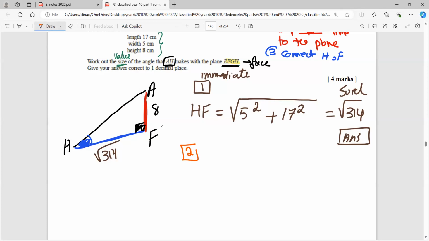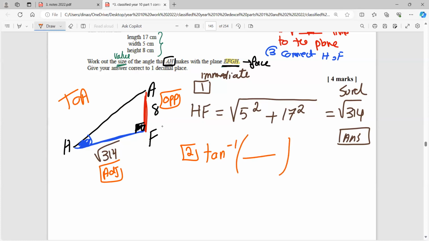Since this is a 90-degree triangle, I am allowed to use SOH CAH TOA. This is the opposite of my angle. This is the adjacent of my angle. So I use the TOA. And since I am required to calculate an angle, I use the TOA in the inverse form, tan inverse, the value of the opposite divided by the value of the adjacent.